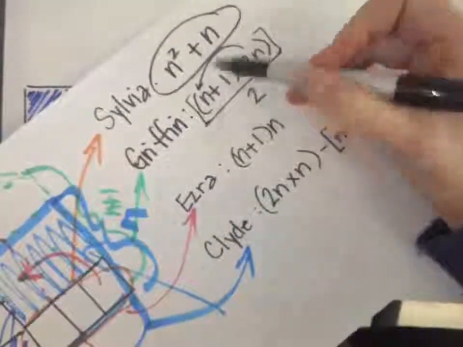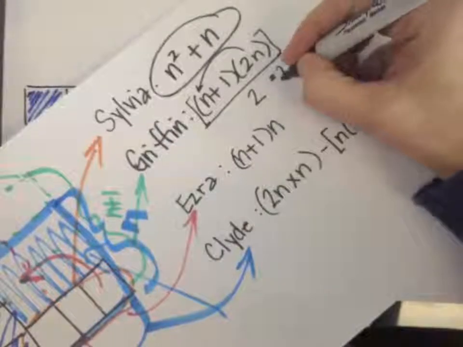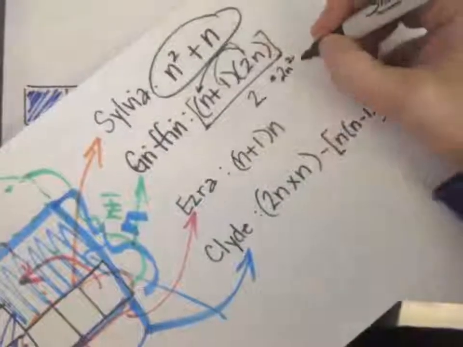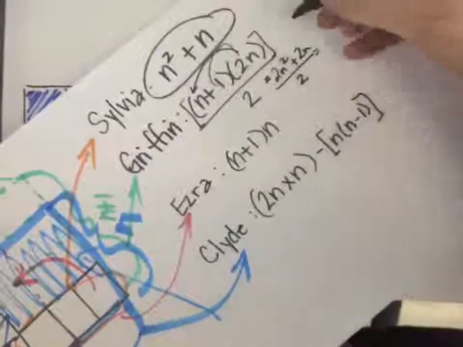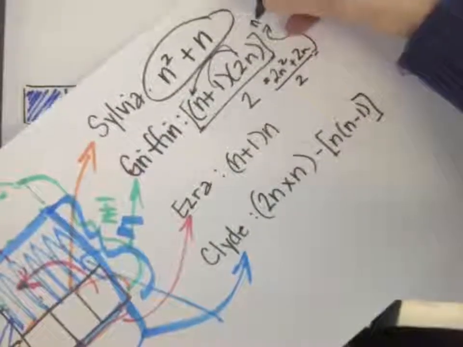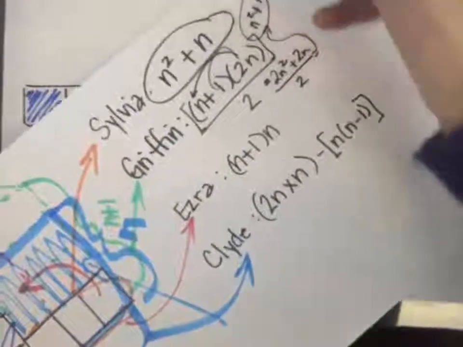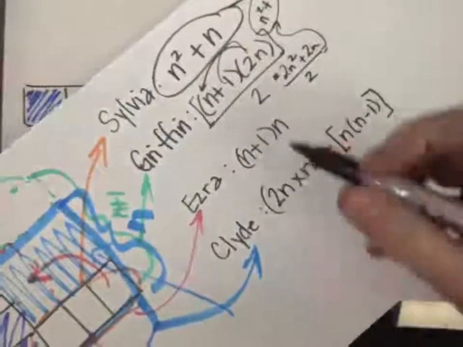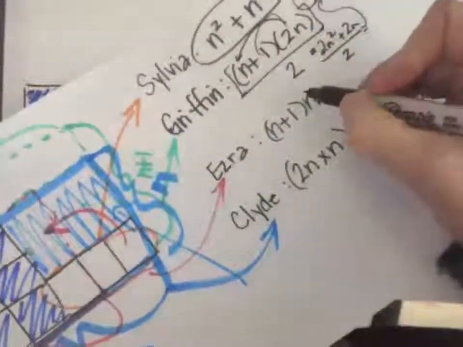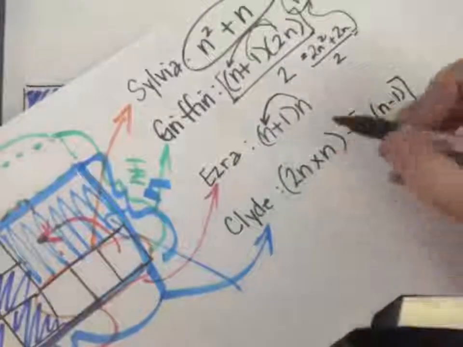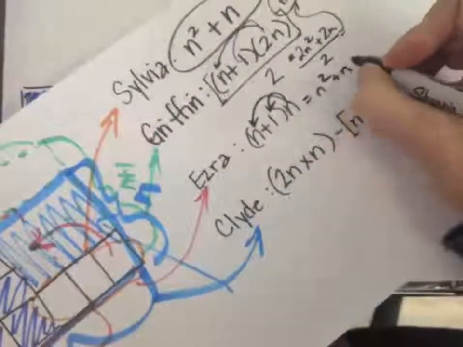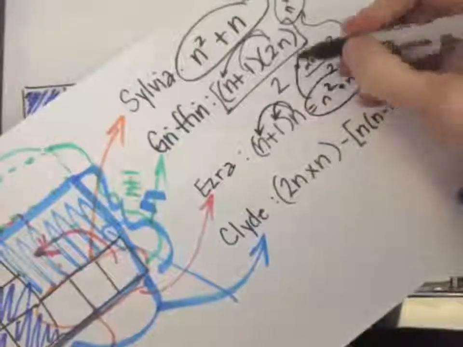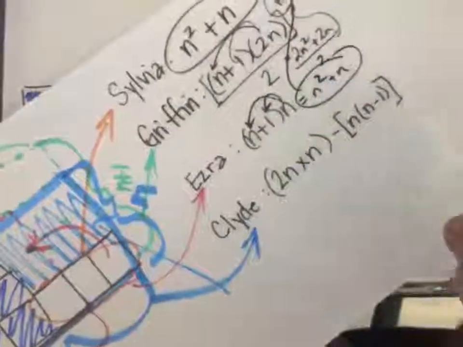For Griffin's, we distribute the 2n times the n, and we get 2n squared plus 2n, and we divide that by 2. When we simplify that, we end up with n squared plus n, which matches up with Sylvie's. For Ezra's, we distribute this n times n and get n squared. N times 1 is n, and we end up with n squared plus n, which matches Griffin's, which matches Sylvie's.